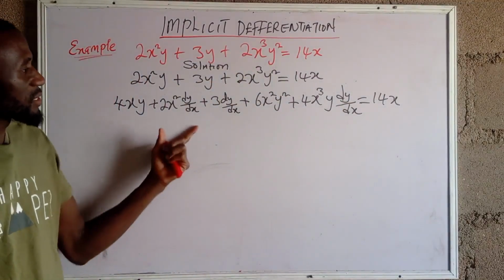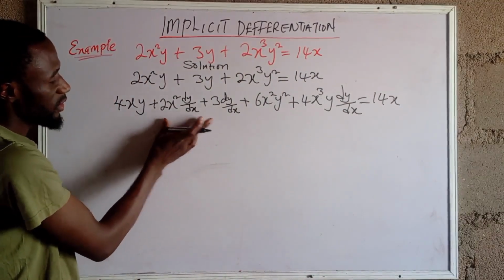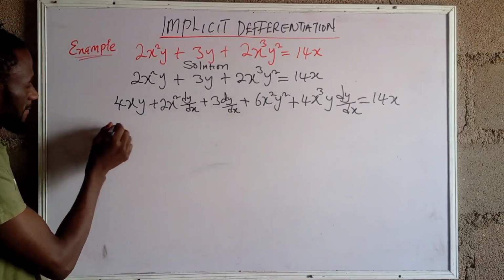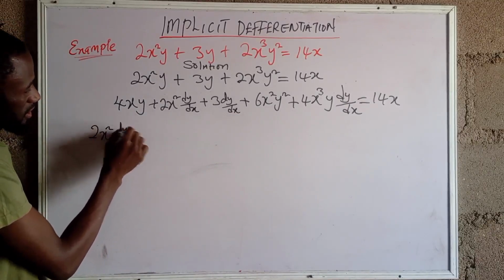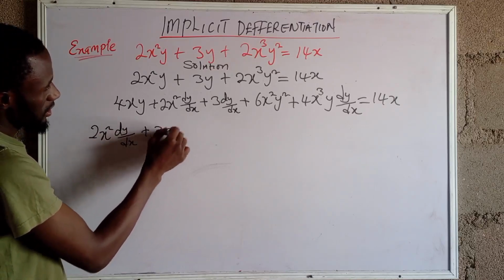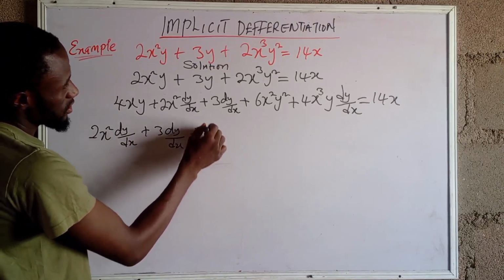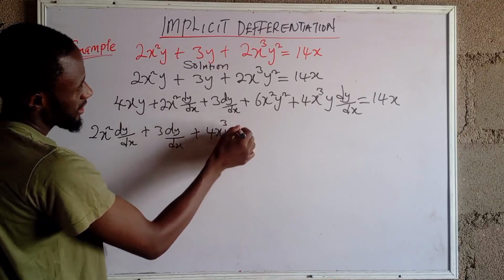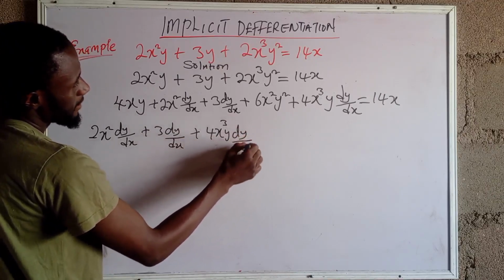That is the first step. Now we are going to collect the like terms, those containing dy/dx, in one place. Therefore, we have 2x squared dy over dx, plus 3 dy over dx, plus 4x cubed y dy over dx.